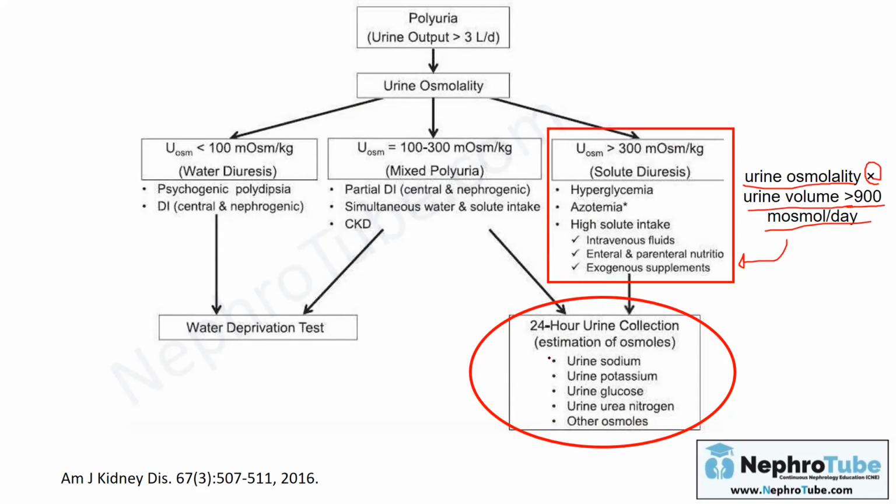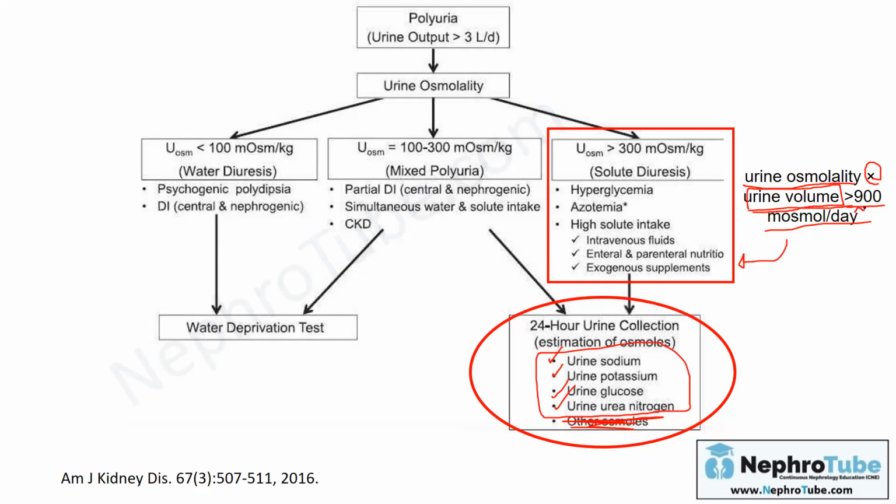So you will measure the urine sodium, urine potassium, urine glucose, urea nitrogen. You are not in need actually for other osmoles. And you calculate from those the urine osmolality. Then you will multiply it by the urine volume.